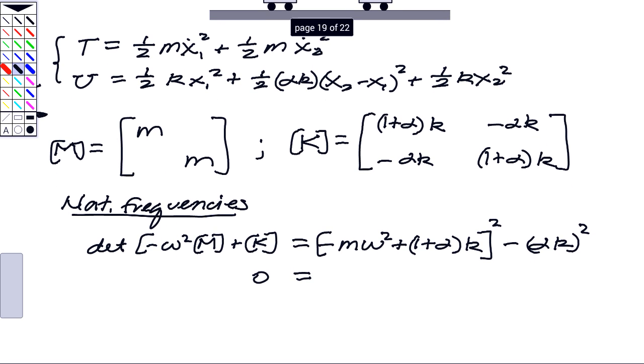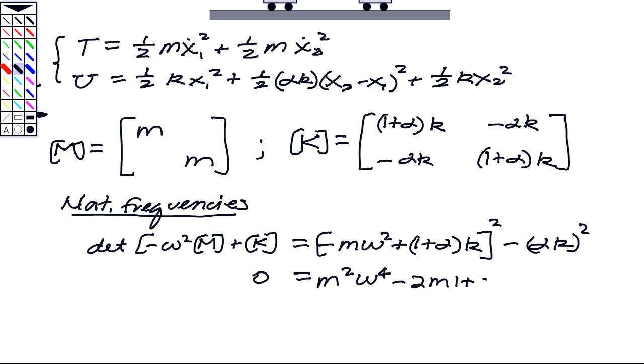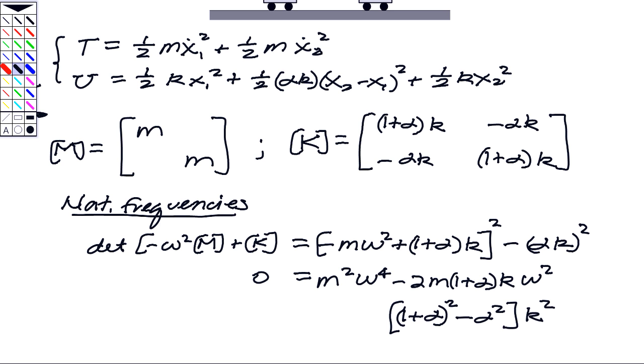So when I expand this out, I get m squared omega to the 4th, minus 2m times 1 plus alpha k omega squared, and then we have 1 plus alpha quantity squared minus alpha squared, all times k squared. So the characteristic equation, of course, is quadratic in omega squared.